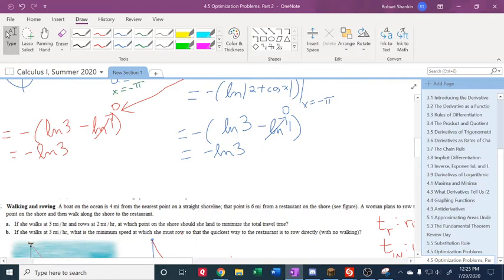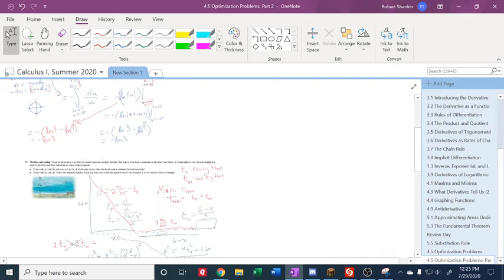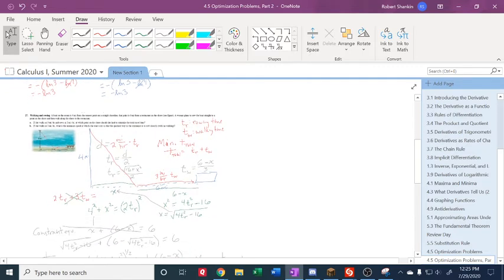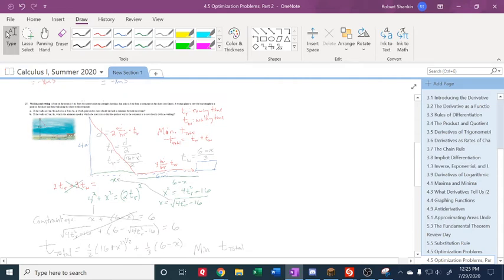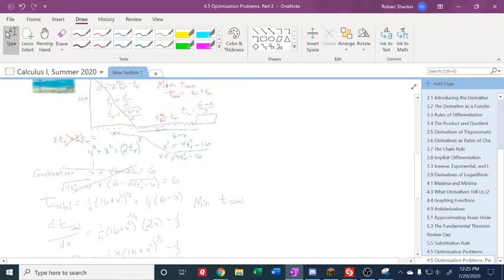Alright, so when we were doing this, the rate at which she was going, the 2, wound up showing right up here in this equation, and the 2 shows up right again down here.